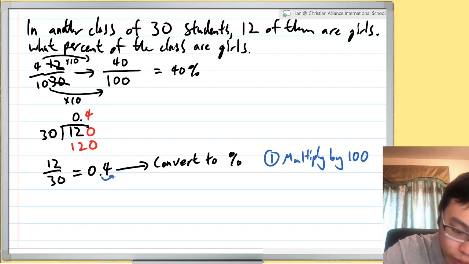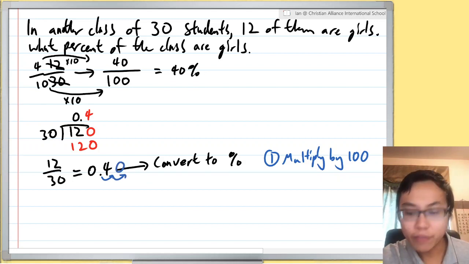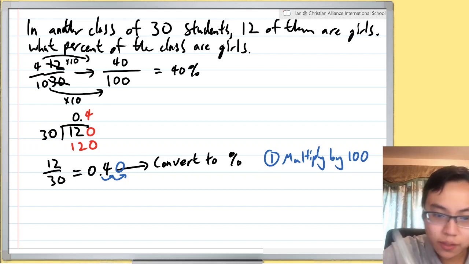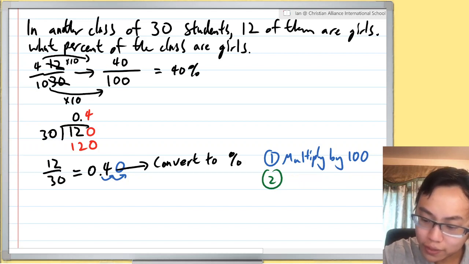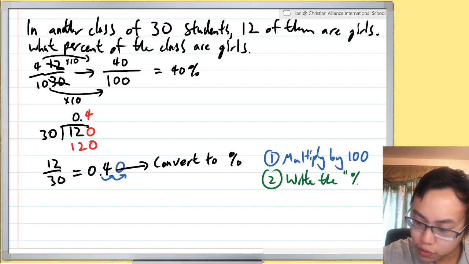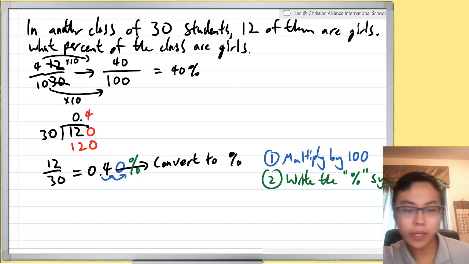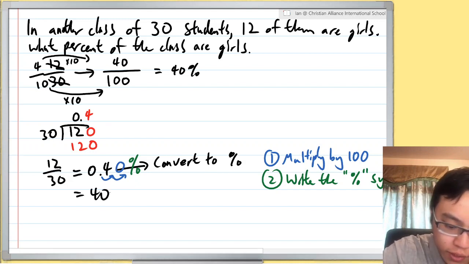That's going to be 1, 2, so we're going to add a 0 over there. And then step 2 is we add the percent symbol at the end like that. And so now it becomes 40%.